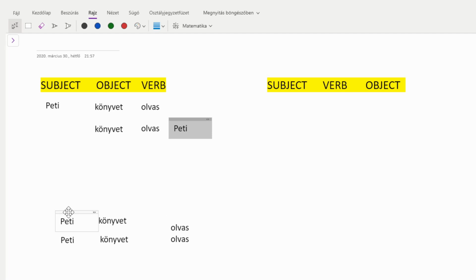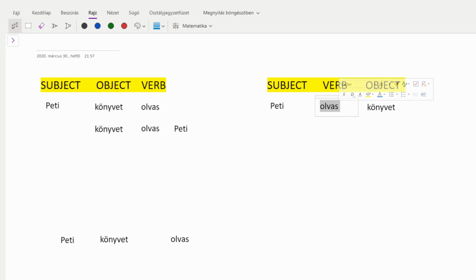Okay, let's see the other version, subject verb object. In this situation, the subject is Peti again. Then we have olvas. Peti olvas könyvet. Now, again, we start with the verb, and it is very important again to observe what is just before the verb. In the previous case, we saw that before the verb we had könyvet, könyvet olvas.